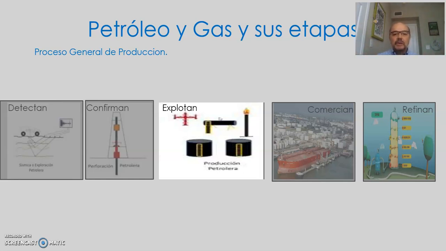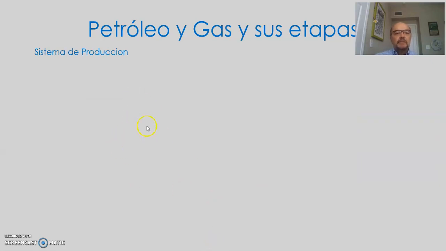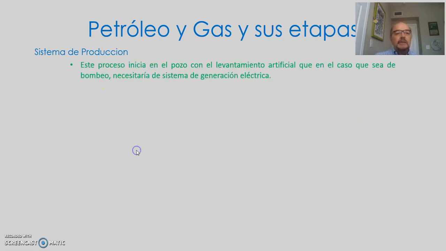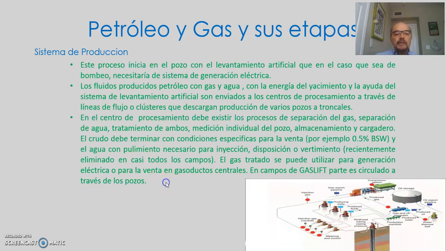We're ready to put those fluids in there so that we can separate them and take them to the specs needed to be delivered. We still are in production, so we are going to describe the process installed in a production system.